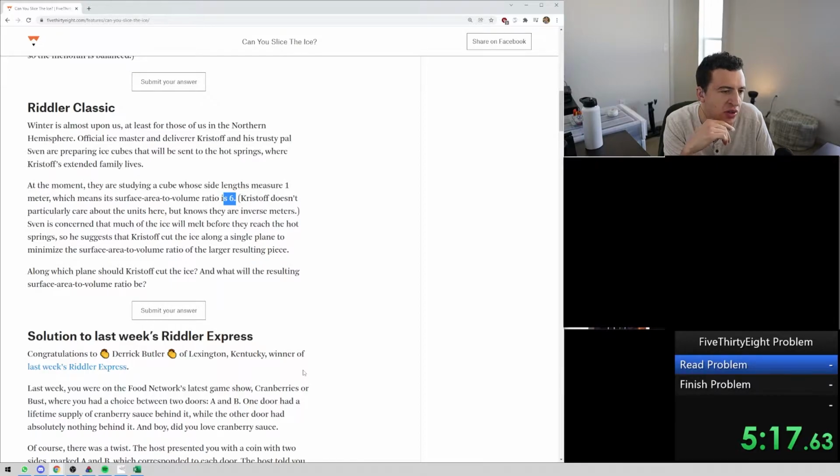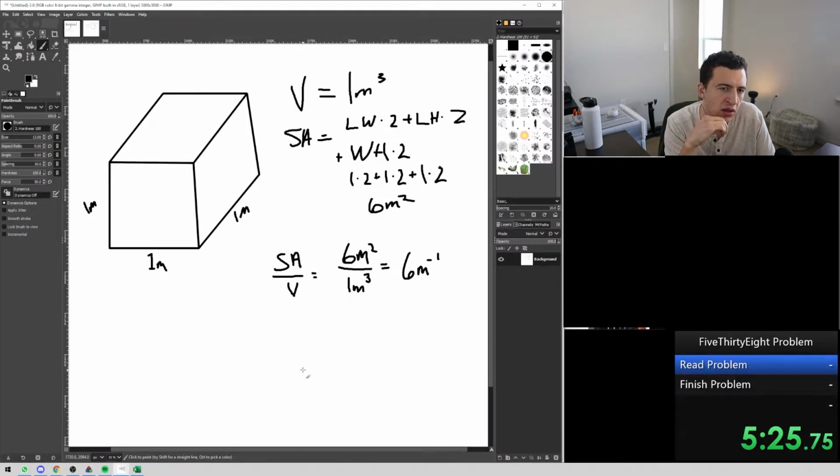So we use a single plane to minimize the surface area to volume ratio. Okay. So minimizing the surface area to volume ratio means that we want the surface area to be small, but the volume to be large. Now, if we just think in the abstract, what are the best ways to do that?